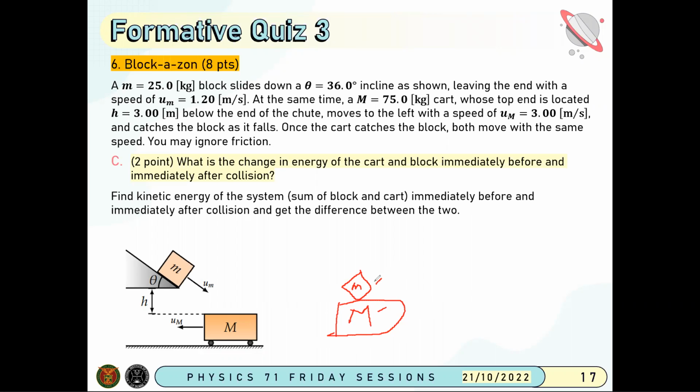So yung velocity ni mass m is yung nakuha mo from letter A. Remember, yun yung before it hits the cart. Tapos ito, may velocity din to na u sub M. Tapos yung final state ngayon is after na ng collision. So nag-collide na sila. Okay. So ngayon, meron na silang final velocity na nakuha mo from letter B. Right?